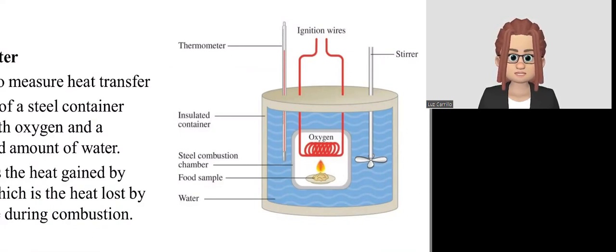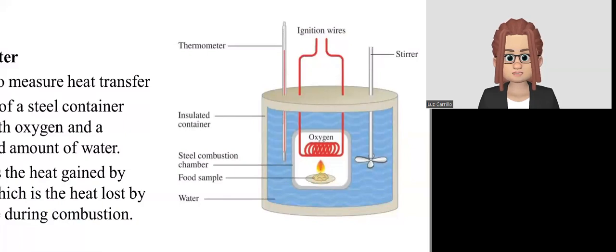This is important because these experiments are performed in order to understand the energy that is released in food samples. This is illustrated in nutrition labels, which are readily available on many food products nowadays.